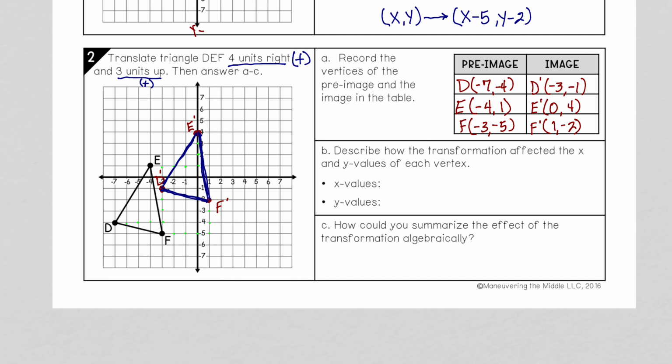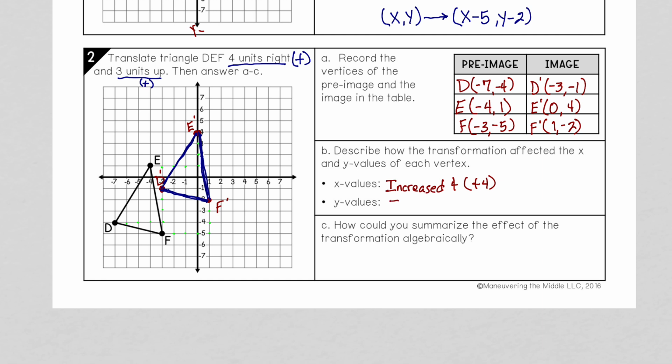So, now describing how the transformation affected the X and Y values of each of the vertices, we have, first of all, X was increased four. So that's +4.